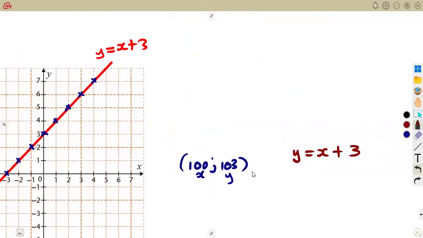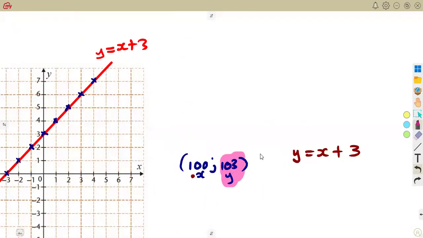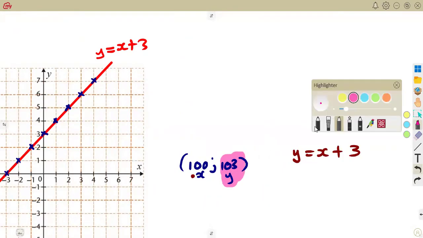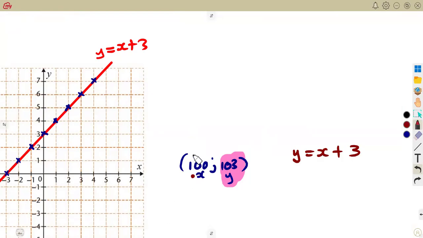Let's substitute the x value. Act as if the y value is not there. Ignore it. Just assume it's not given. You are given x. How are you going to calculate the y value? You're going to substitute x there. So y is equal to, in place of x, you put 100, plus 3.